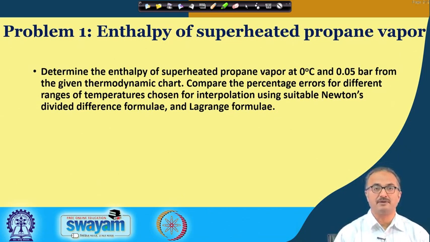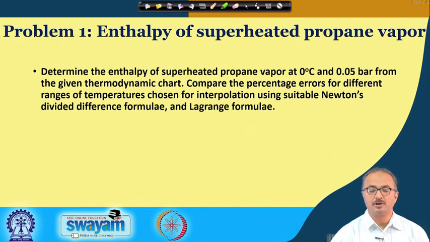And many times we find that the temperature, pressure at which we want to determine or estimate the property values are not directly given in the table. In those cases, we have to have some kind of interpolation methods which will be able to give us the values of the required property at those intermediate points.